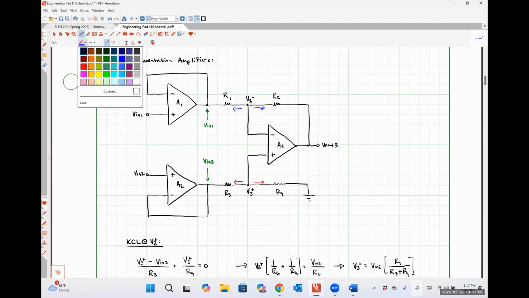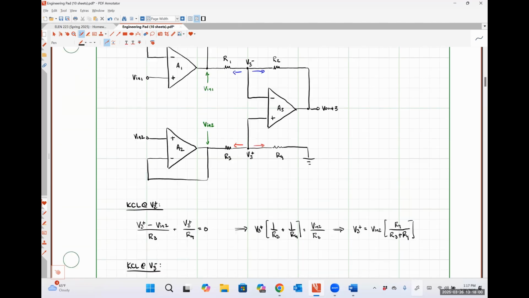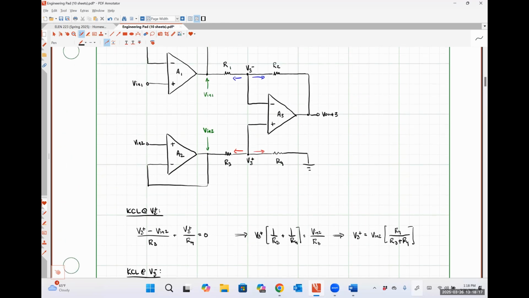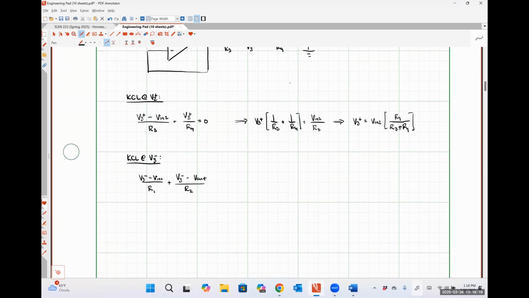So that's going to look like V3 minus minus Vn1 over R1. And we're going to have V3 minus minus V out over R2. Let me double check that. Yep. And this is going to be equal to 0.